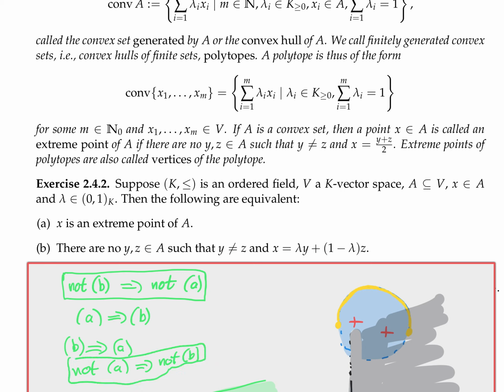Now if you have not A, so when x is the midpoint of such a line segment, and you find another line segment such that the given point x divides this in a certain ratio, right?